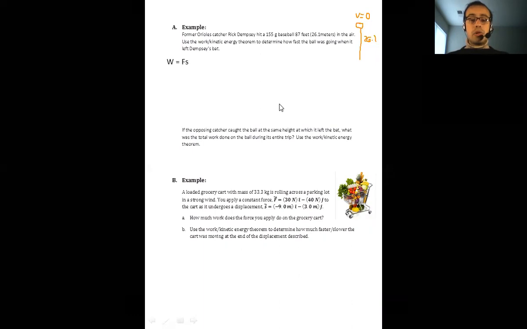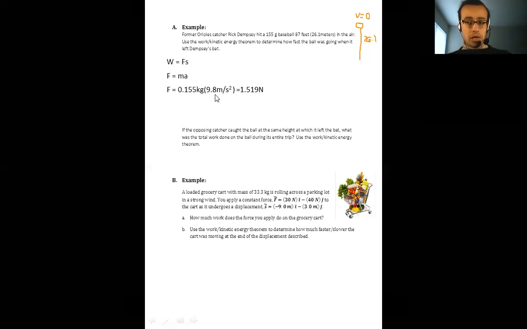So to do this, what we say is work is equal to F times S. Force in this case is equal to MA. That lets us solve for this force here. And the force in this case is 0.155 kilograms, or 155 grams, times 9.8 meters per second squared.